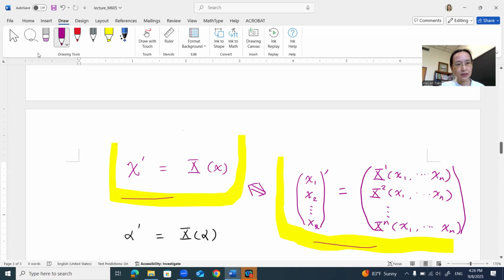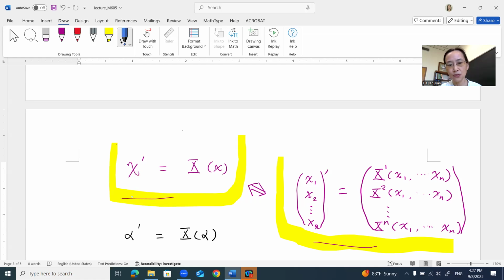So we talked about the solutions. In order for the solution curve, which is denoted by alpha, a vector valued function of t, to be a solution to the given system, alpha has to be differentiable, right? Because in the equation, alpha has to be differentiable.